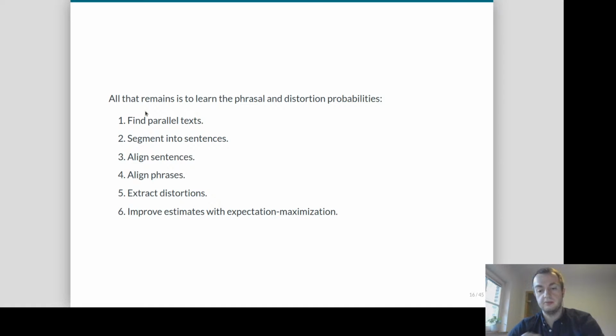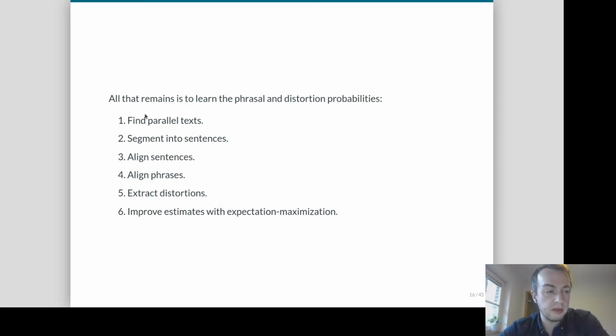For example, English sentences with their corresponding French sentences. We would then have to segment this text into sentences, align the sentences, and then split the sentences again into phrases, to align the phrases from one language to another.